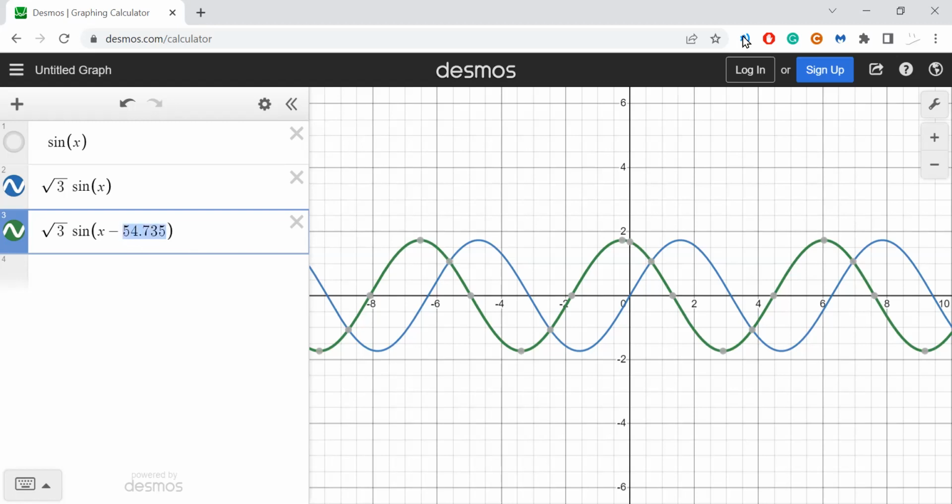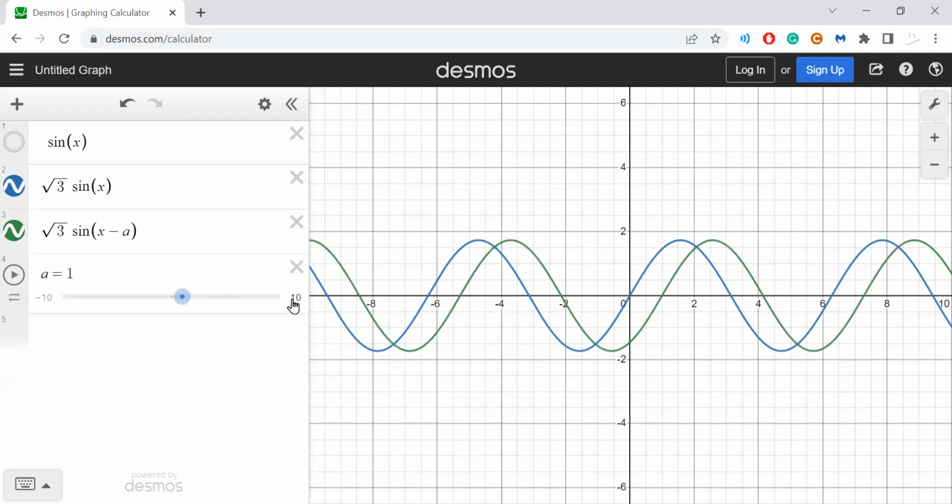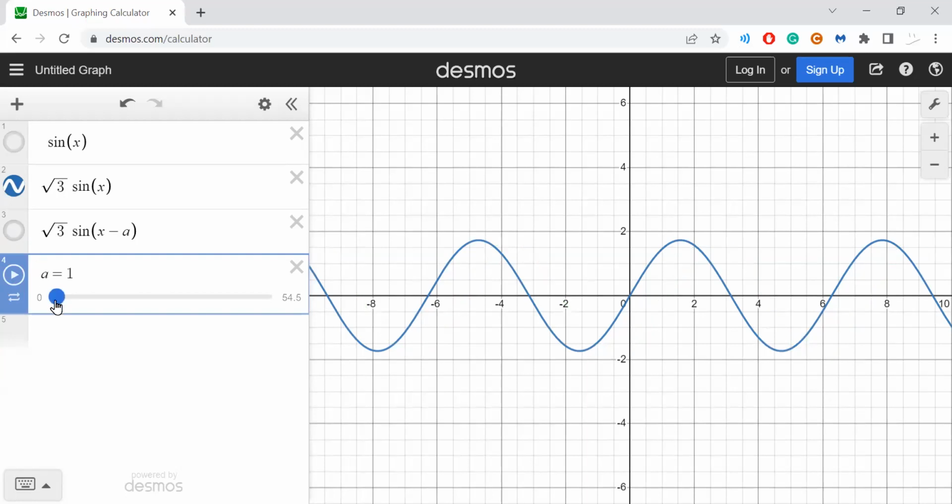If you want to see an animation, I can change this into an A. Okay, like this. And let me change this to 54.5. And this one is 0 degrees. Maybe I'll start from 0. Like this. Can you see the green graph?